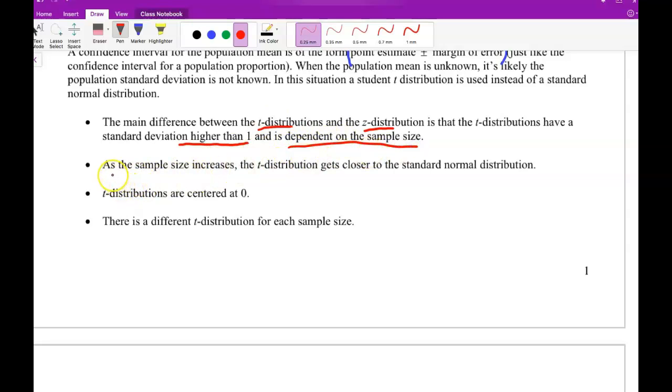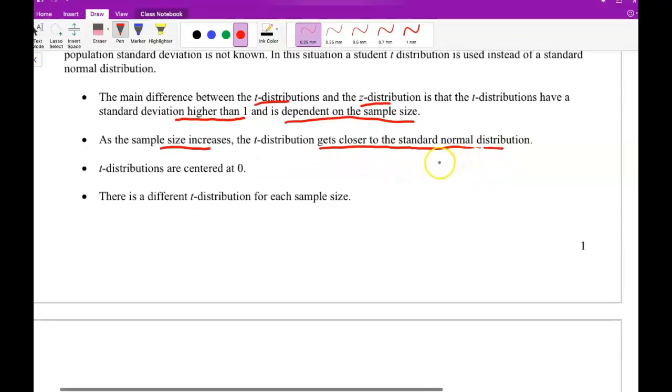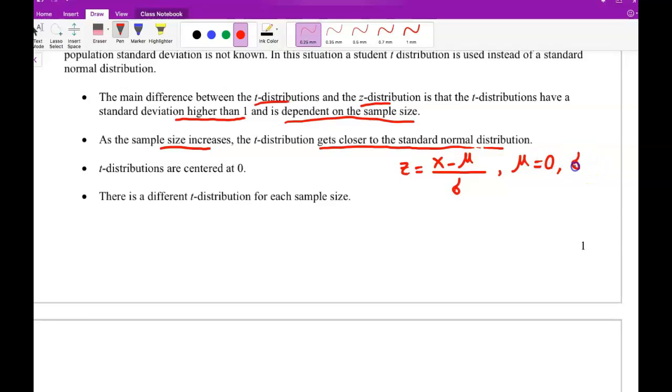So it's dependent on sample size. Next, as the sample size increases, the t-distribution gets closer to the standard normal distribution. Remember for a standard normal distribution, z was equal to x minus mean divided by standard deviation, where the mean was 0 and the standard deviation was equal to 1.